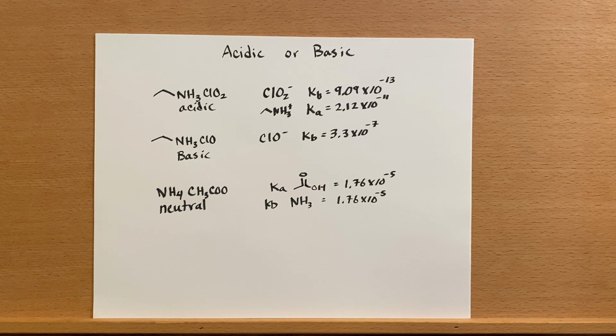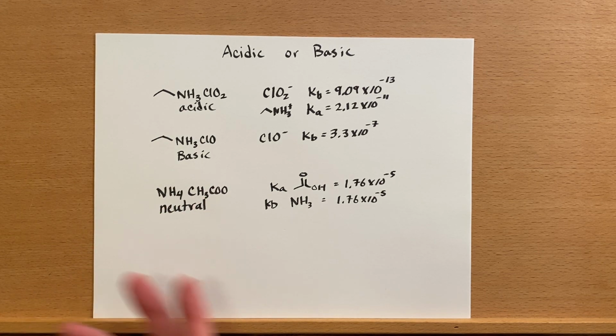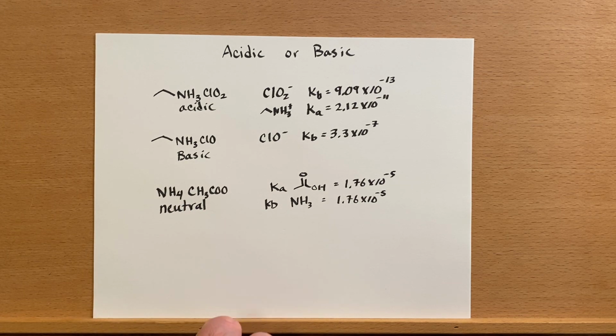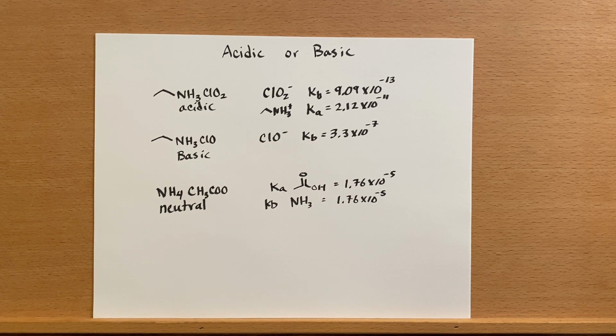And this is one of the standard ways of making a pH 7 buffer, is to make it with ammonium acetate. And one of the great things about that is that you can simply weigh out however much ammonium acetate you want to make whatever concentration of buffer that you want, and it will be at a pH 7 just by dissolving this. It's kind of a neat buffer system.